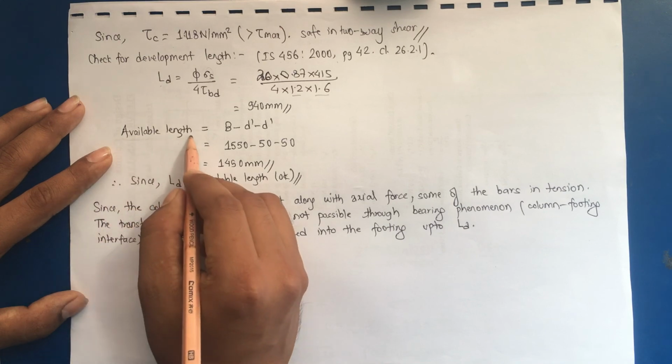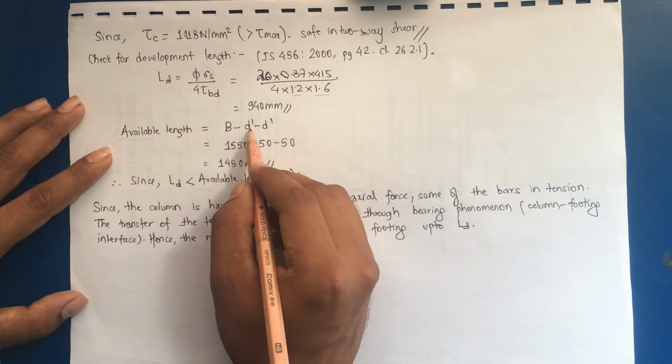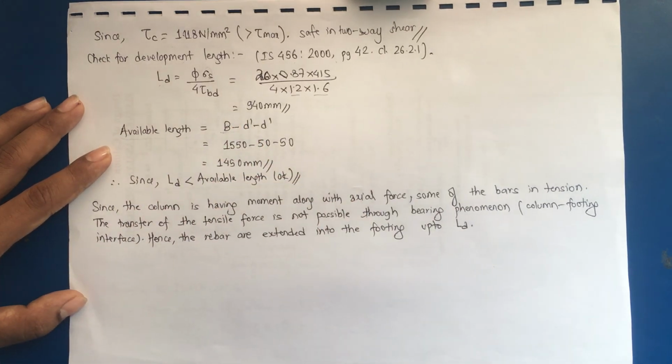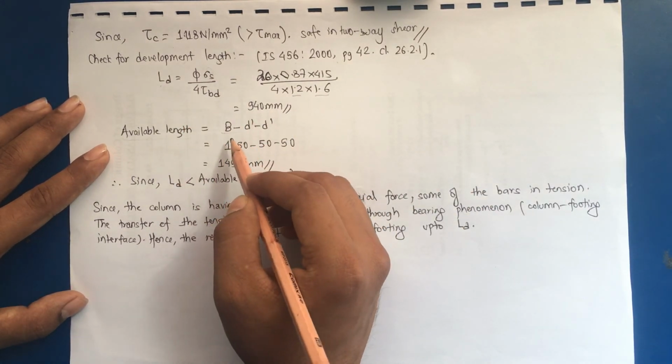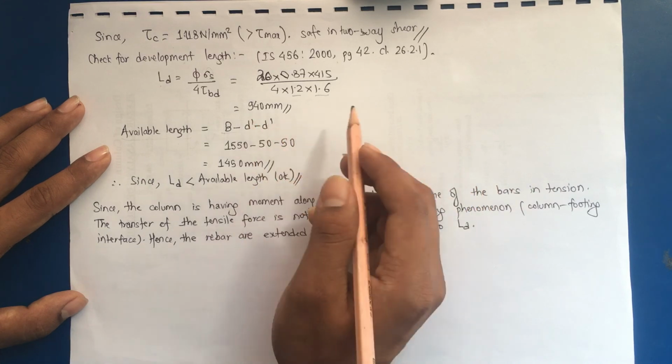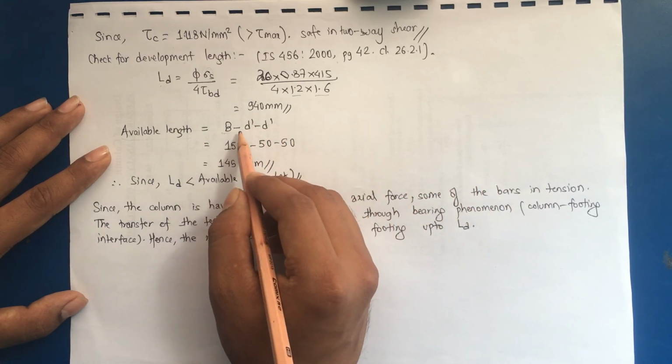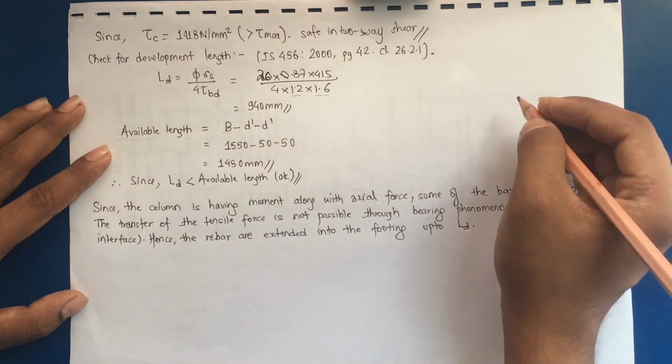Similarly, the available length in the footing is B minus D dash minus D dash. We will take the shorter side, because if the length is available in the shorter end, then it will obviously be available along the longer edge.